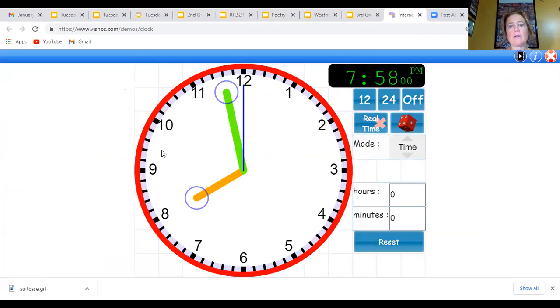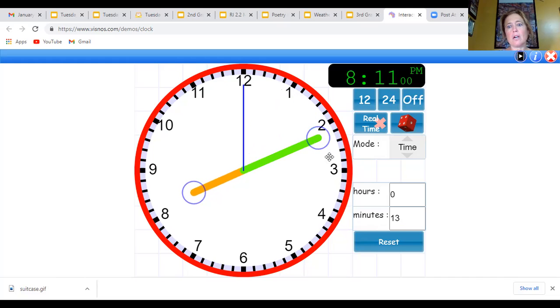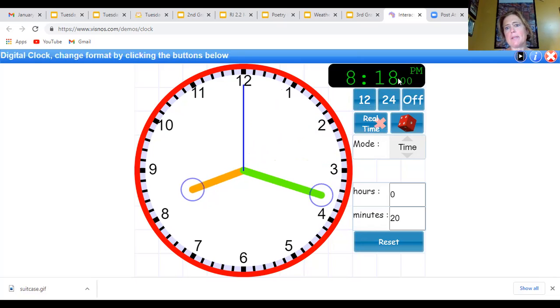Okay, so here's our virtual clock. And as we turn our virtual clock, you can see that the time up here changes. So what if I wanted to make, say, 7:15?